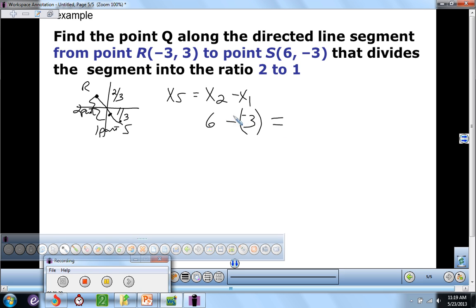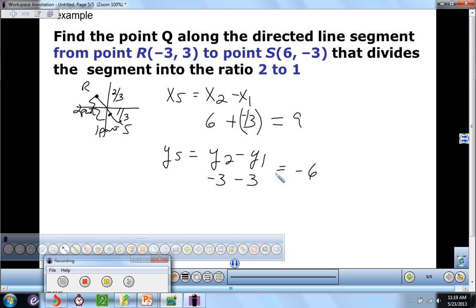So we end up adding, and we get 9. The total change in X is 9. Let's do the same thing for Y. It'll be Y2 minus Y1. Y2 is negative 3 minus Y1, which was 3. Be careful with that. This is not 0. This is negative 6.